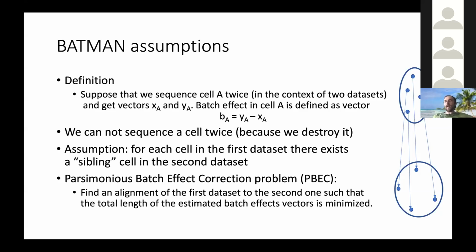For example, we have some cells in dataset 1 and some cells in dataset 2, and we are finding the correction vectors of the total minimum length, or basically finding these so-called siblings. Our assumption is that for each of the cells, we will have such a sibling in the second dataset.